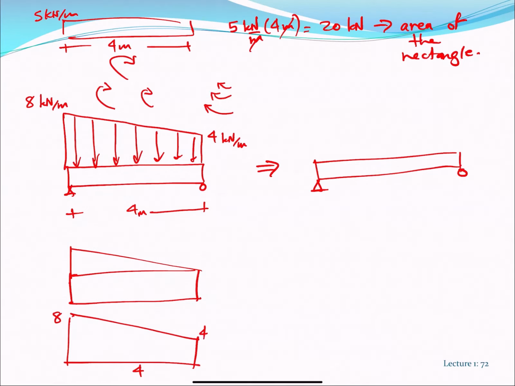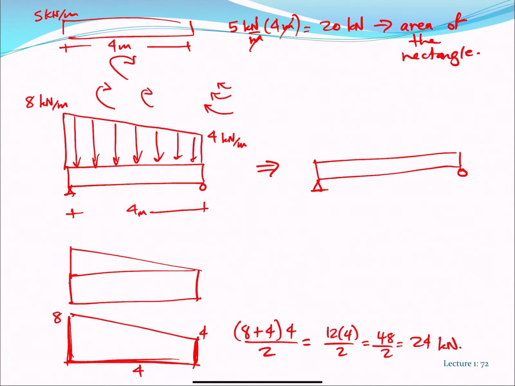The area is the bigger side plus the smaller side, times the length, everything divided by 2. So this area is 12 times 4, which is 48, divided by 2, 24 kilonewtons. So this is going to be 24 kilonewtons.